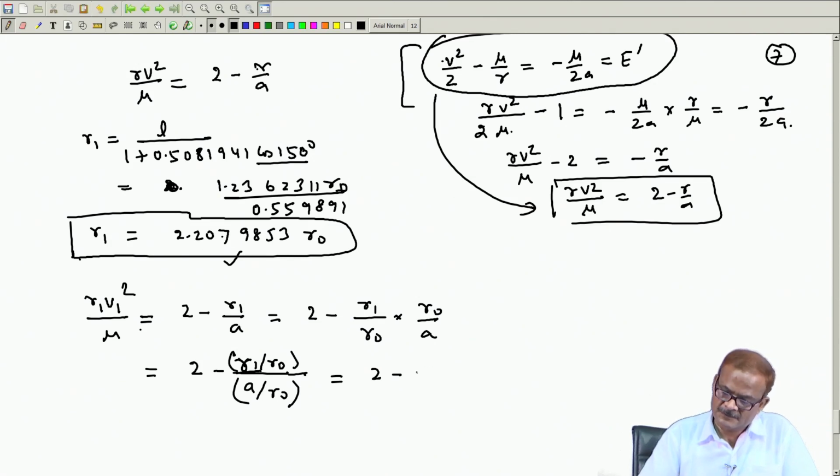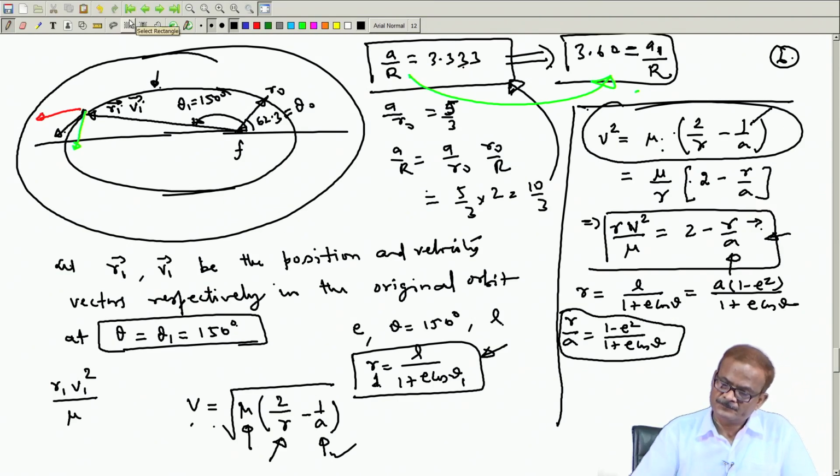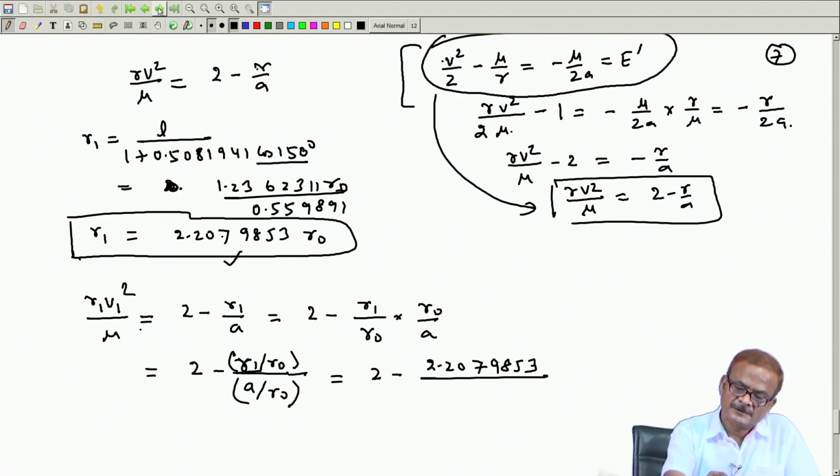From this place, this is 2.2079853, and A by R 0 we have written as 5 by 3. So, insert that 5 by 3 here.